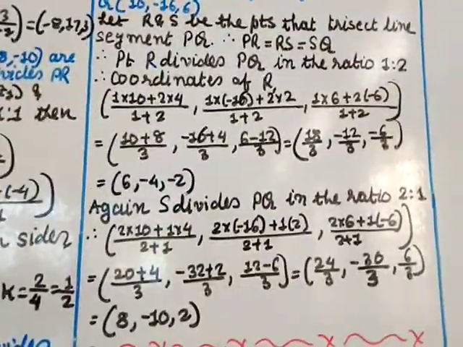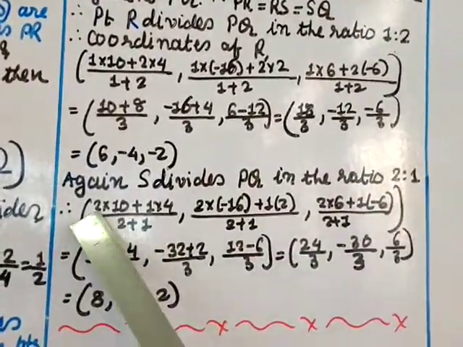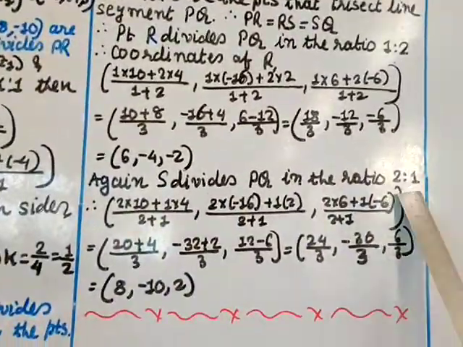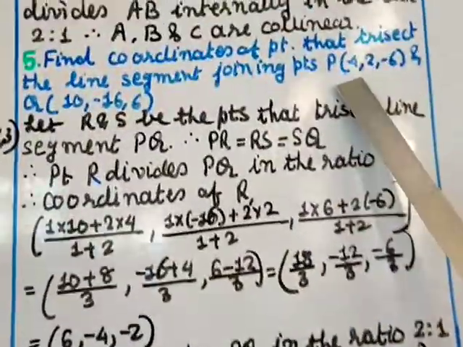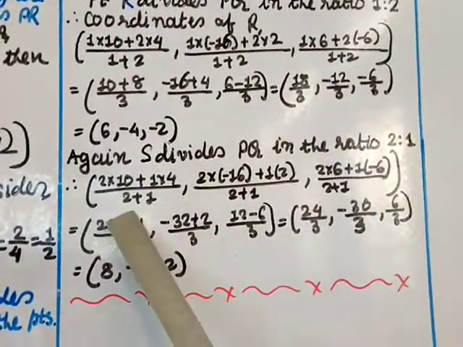So let us place the values in m x2 plus n x1. m is 2 into x2, which is 10, plus n, that is 1, into x1, that is 4, so 1 into 4, divided by m plus n, that is 2 plus 1.